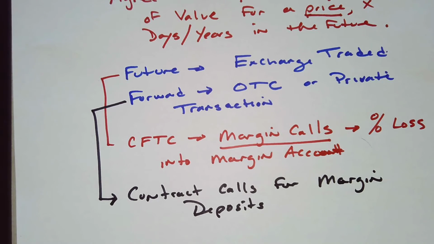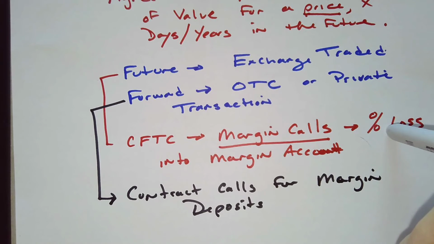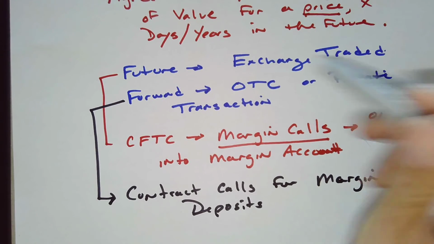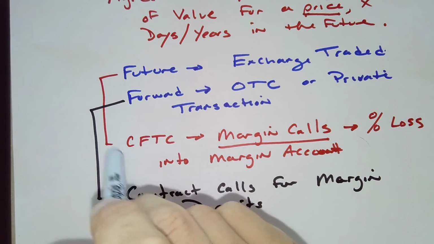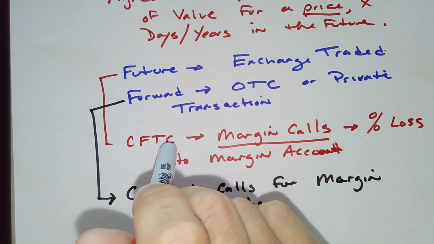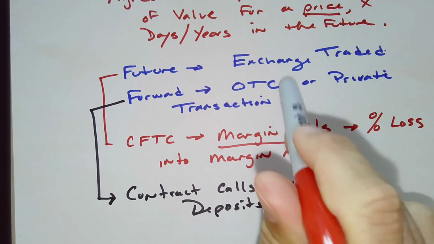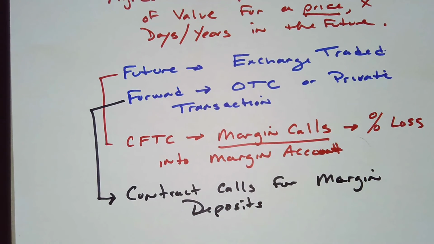So this is the big difference between a futures and a forward contract. Futures are exchange traded. There's liquidity in the market. A forward is a private transaction, an over-the-counter transaction where there is no market maker in between. There's no organization that is making sure that the contracts are clearing appropriately.